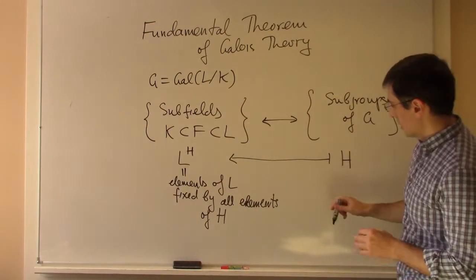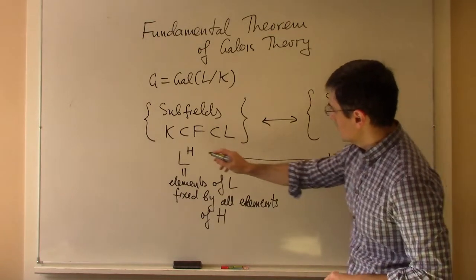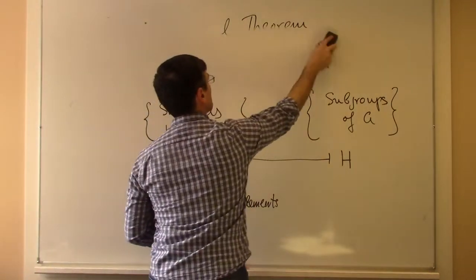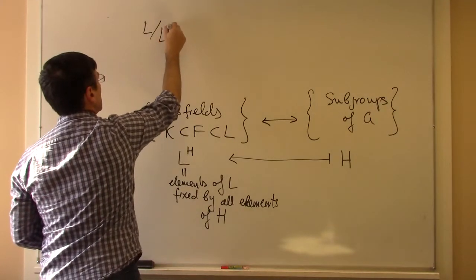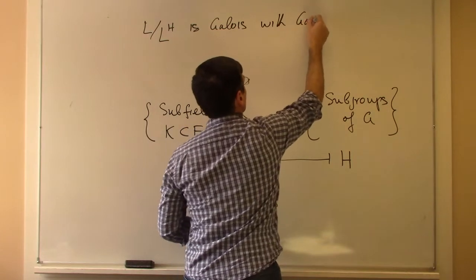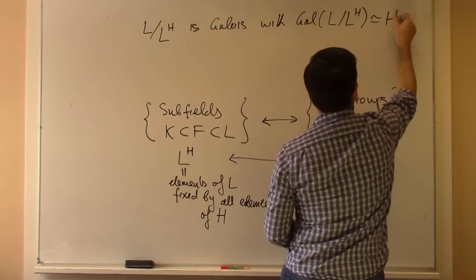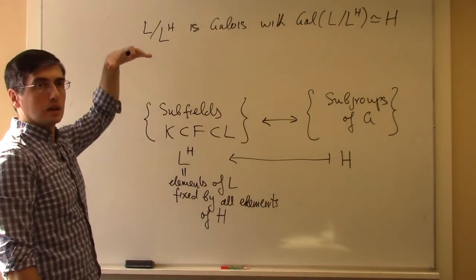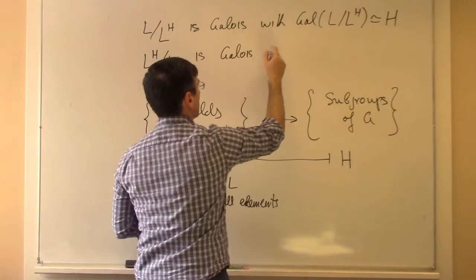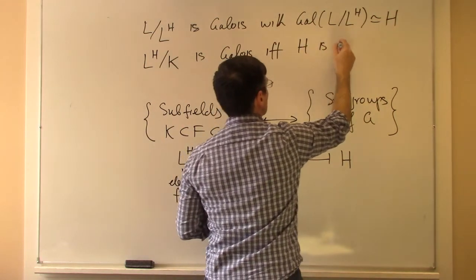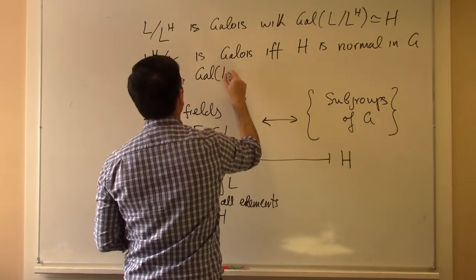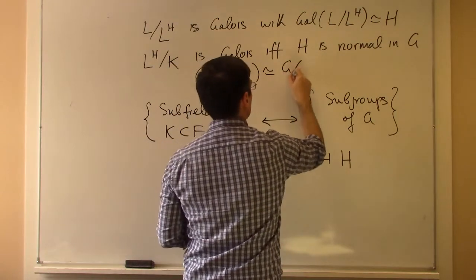This is even stronger in the following sense: this extension, L over L_H, is Galois, with Galois group isomorphic to H. But L_H doesn't have to be Galois over K. So L_H over K is Galois if and only if H is normal in G. And in that case, the Galois group of L_H over K is isomorphic to the quotient group.